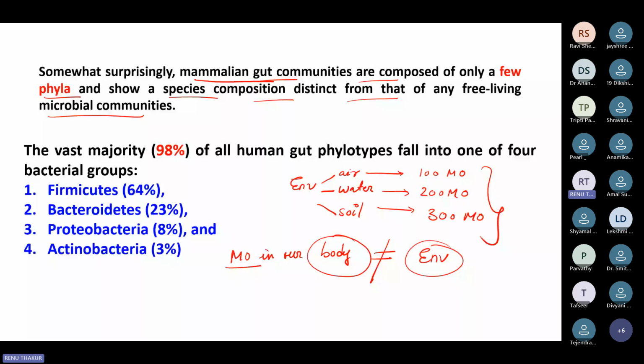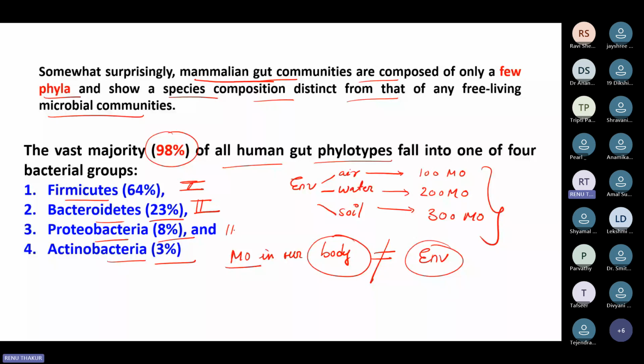The majority, 98% of all human gut phylotypes, fall into one of four bacterial groups: firmicutes, 64% of your total microbiome; bacteroidetes, 23%; proteobacteria, 8%; and actinobacteria, 3%. So first rank will be given to firmicutes, second rank to bacteroidetes, proteobacteria third, and last rank to actinobacteria.